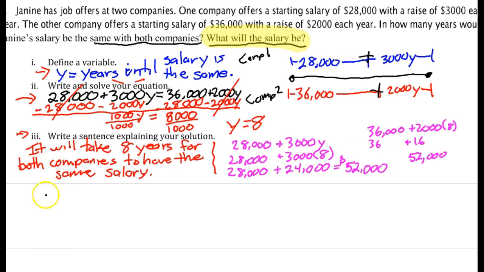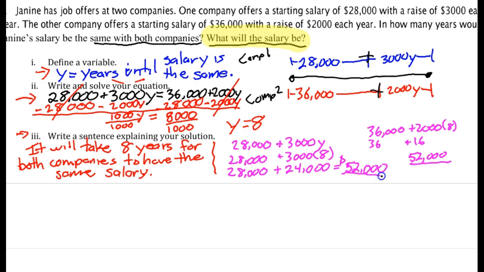So here's even another follow-up question. Where would you want to work after 10 years? Company 1 or company 2? All right, company 1, right? They started with less. The first 8 years you won't make as much, but after 8 years, the 9th year, the 10th year, it starts making more. It's getting $1,000 more. They both start making the same on the 8th year.